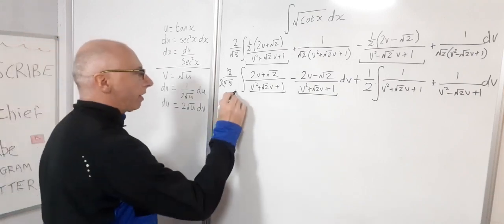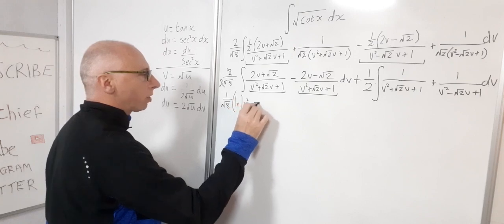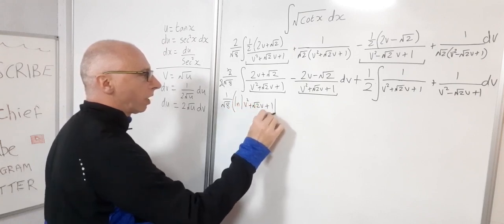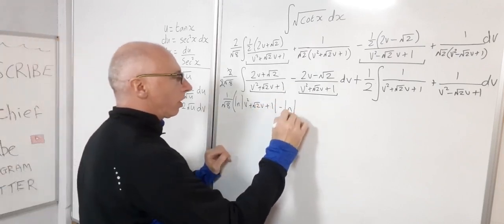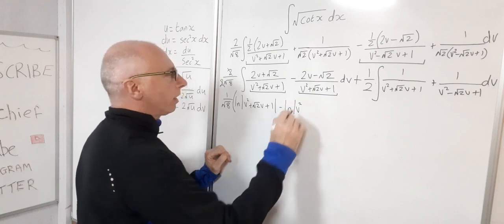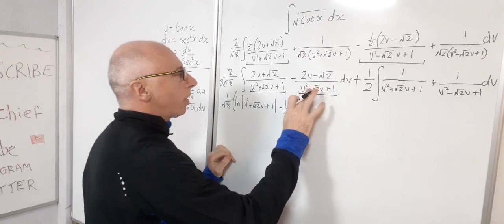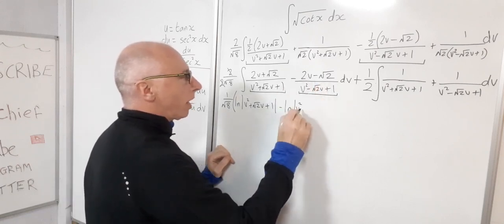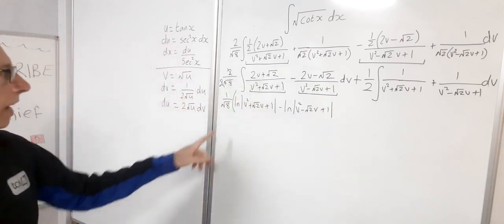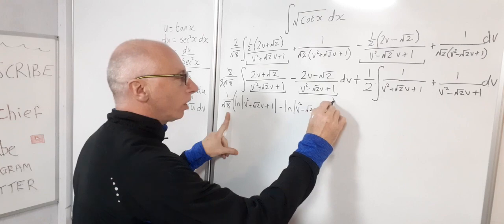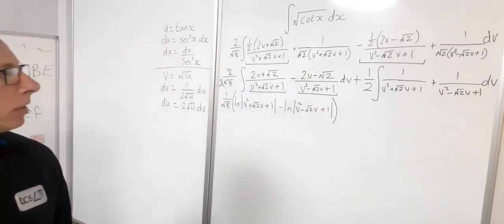So let's put that in there. So natural log, absolute value, v² + √2v + 1, and then subtract the natural log of this one. Natural log, absolute value, v². This one here is actually a minus sign, so let's just put that as a minus sign. It's v² − √2v + 1. So that takes care of that with a 1 over root 8 and all in brackets. So that's integrated. That's part of our answer now.